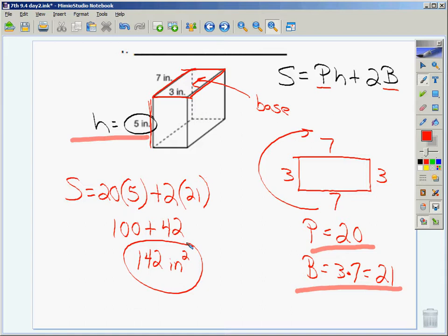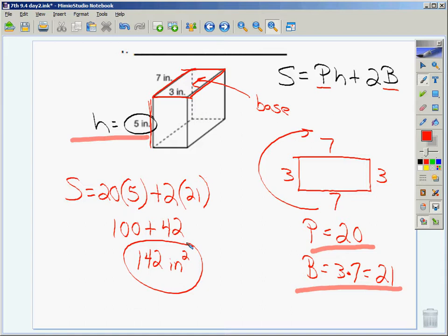The nice thing about the sections that we're in is they're driven by this formula. It tells you the things we have to find. I have to find the perimeter of the base, the height of the object, and the area of the base. If I know those are the things I'm looking for, I can focus on them and plug them into a formula.